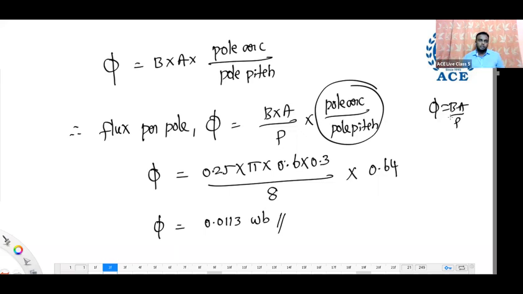After that, the flux value decreases. That flux will not be there. That's why we are multiplying with pole arc to pole pitch. So whenever they don't give this relation, we take only phi equals BA by P. When they don't give this relation. If it is given, we have to multiply with this ratio. Otherwise, neglect this. Okay.